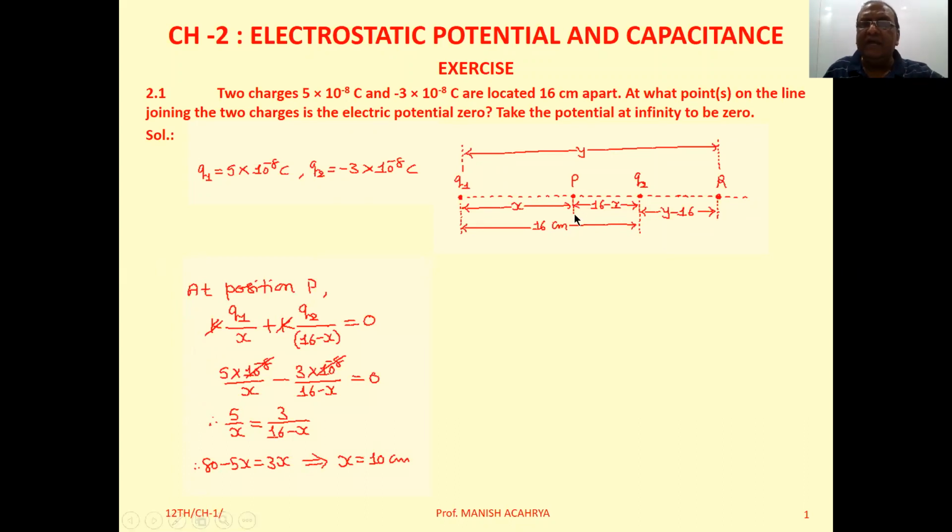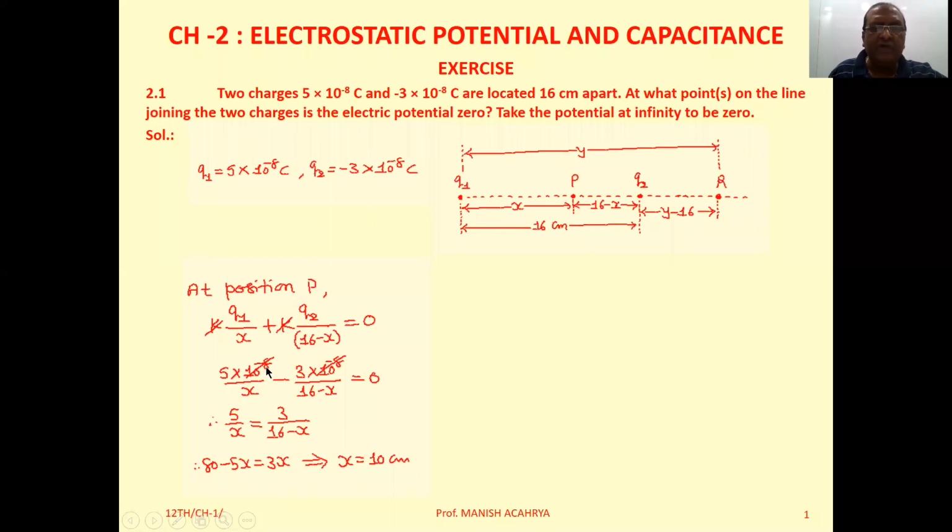Now, at position P, we can write the equation for the resultant potential: k q1 upon x plus k q2 upon 16 minus x, equal to 0. Substitute the values of q1 and q2 and take k common; on the right hand side it will be cancelled.